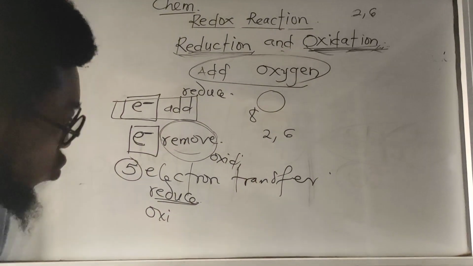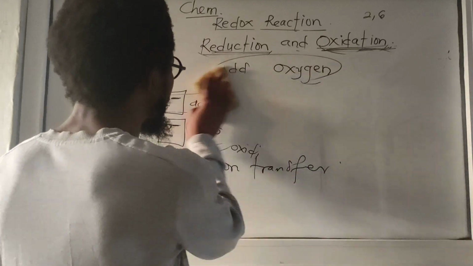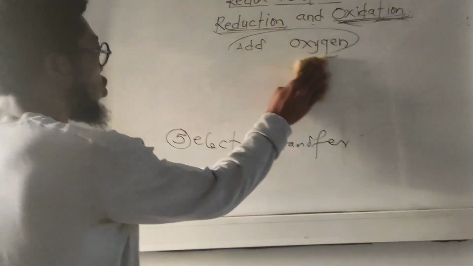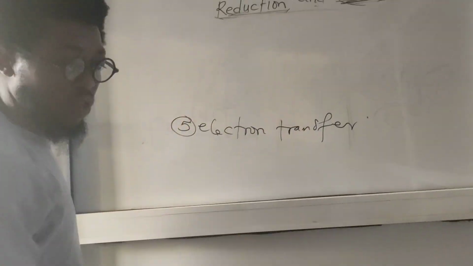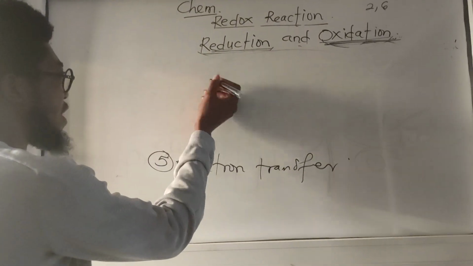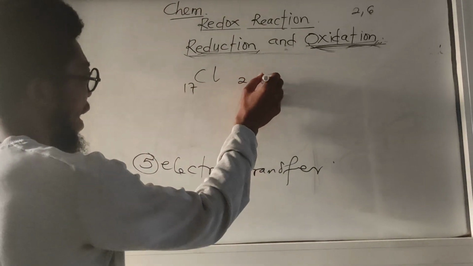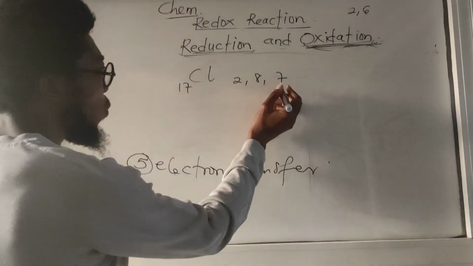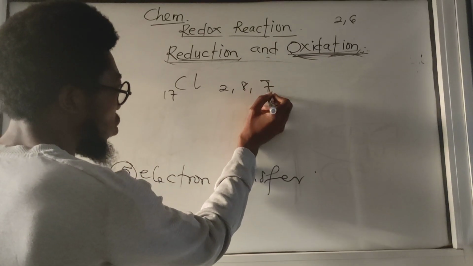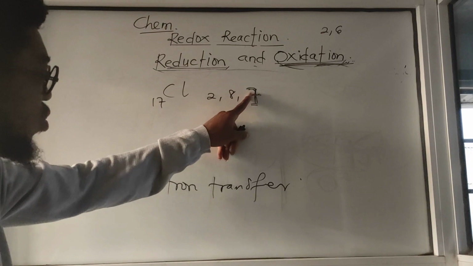And this is what will now take me to the sixth definition, which is what happens when I add electron to you. If I add electron to you, then your sign changes. For instance, look at chlorine with atomic number 17, which is 2,8,7. Will it gain electron or lose electron? Having 7 in the outermost shell, we all know that it will gain 1 electron, right?